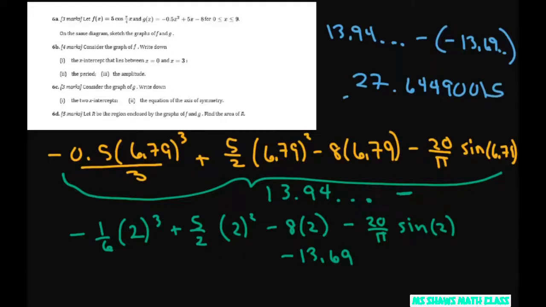So on the IB exam, we want 3 significant figures. So this is just going to be 27.6 equals your area. And that's it.